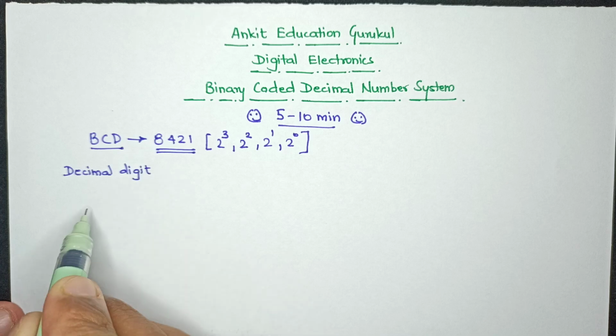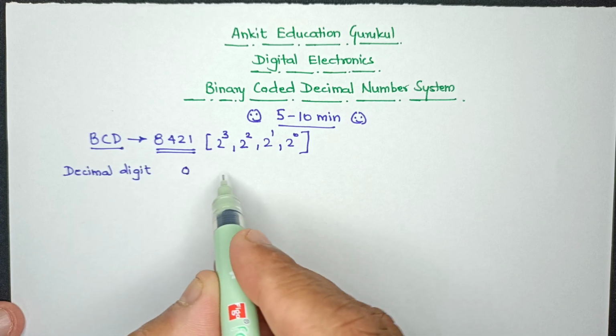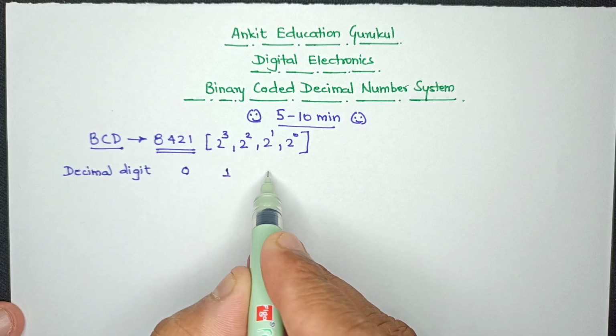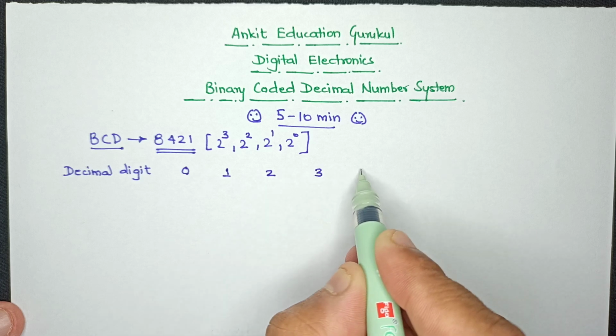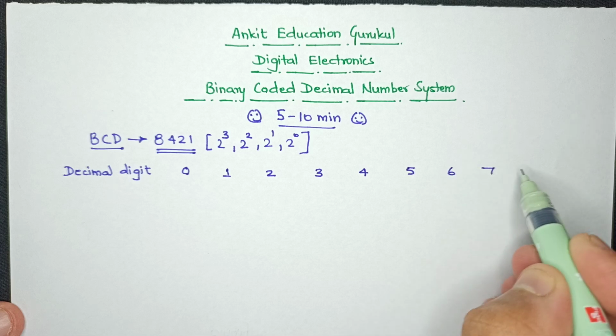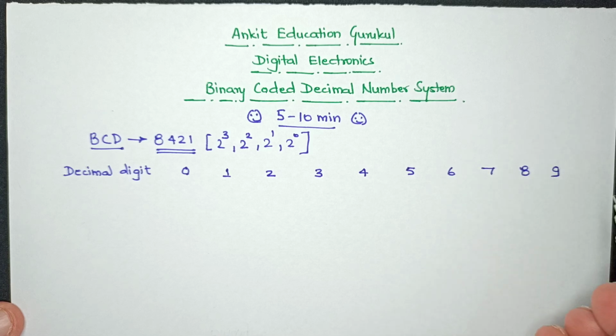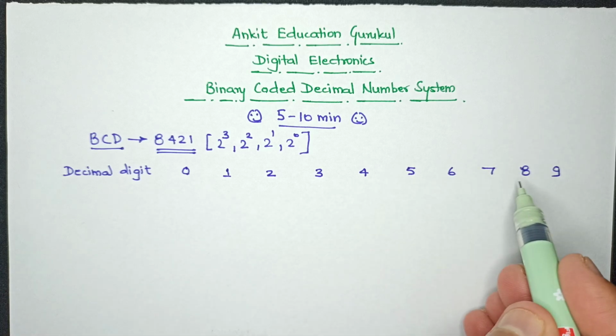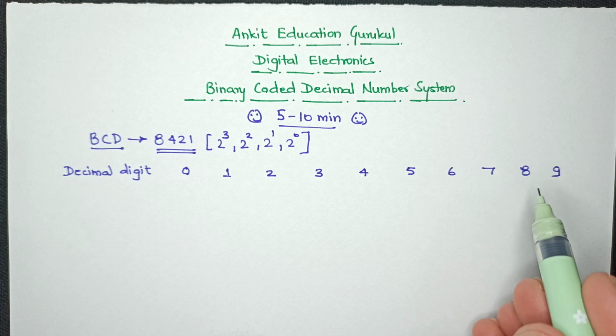Let us take the decimal digits 0, 1, 2, 3, 4, 5, 6, 7, 8 and 9. Here I've written all the possible decimal digits that we have.